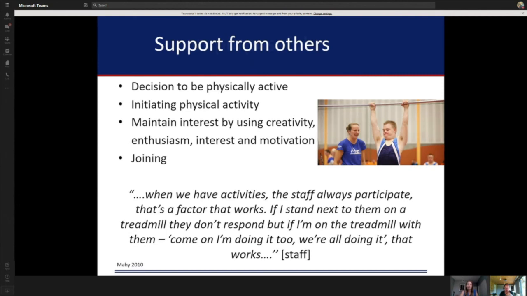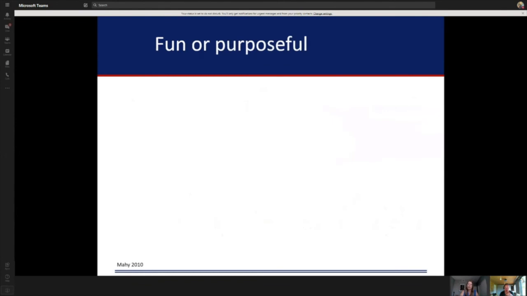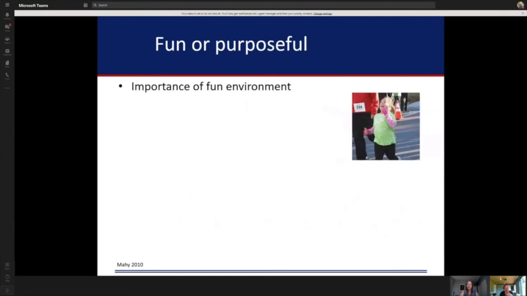To make an activity fun or purposeful is one of the other facilitating parts. So it's really important to make a fun environment. You can use music or add sensory elements like smell or taste or touch. Novelty is something that works. That also requires a lot of creativity to always come up with novel things, but knowing that novelty works, it is a way to re-engage people that you're losing their interest.